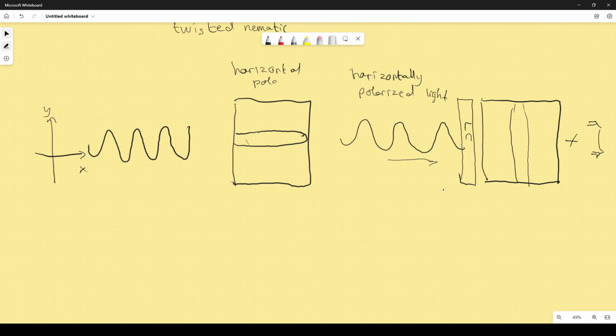So when we place the liquid crystal in between these two perpendicular polarizers, light will actually pass through the second polarizer, and our eyes will be able to see the light coming through. So that is what's so special about liquid crystals. Solids don't do this. An isotropic liquid doesn't do this. Liquid crystals do.